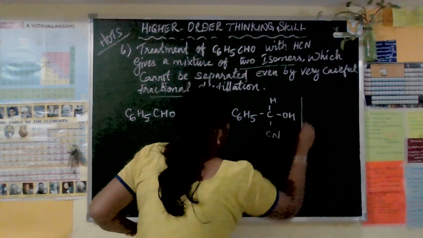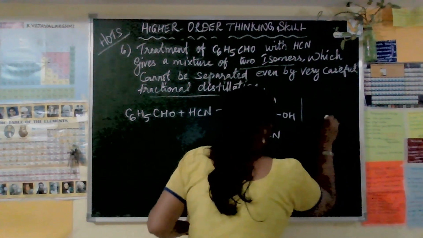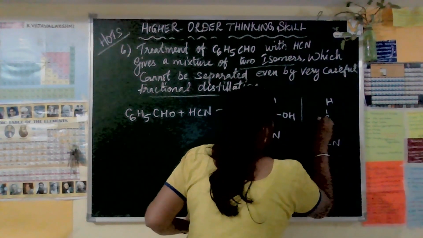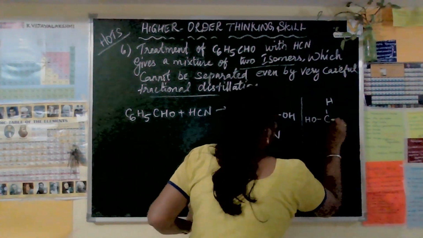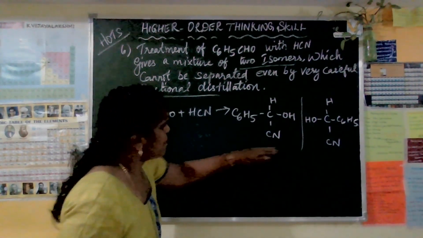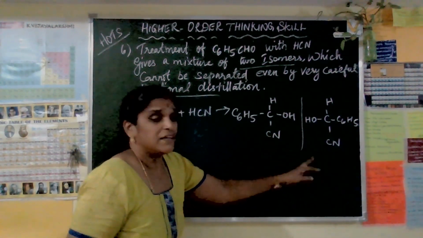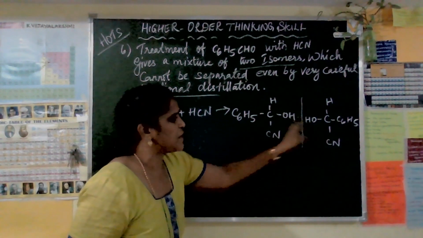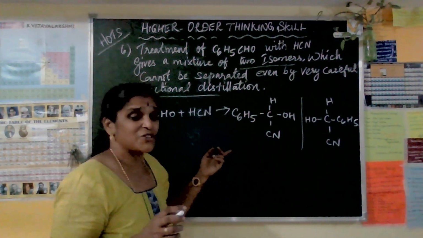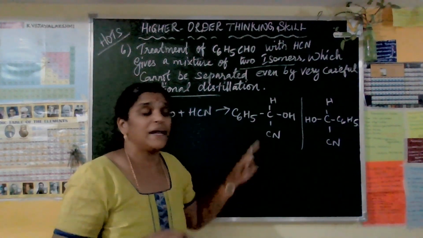Okay, and the mirror image of another one, the same way: C with hydrogen, here CN, here OH, and here C6H5. Mirror images, same molecular formula but different arrangement of groups, because an asymmetric carbon is introduced.